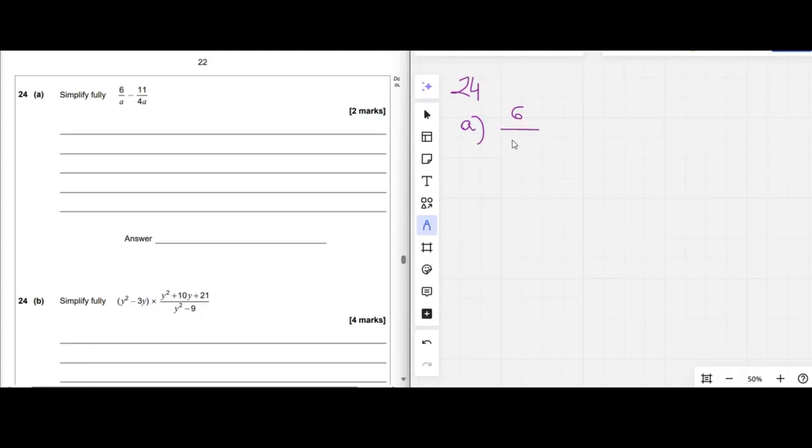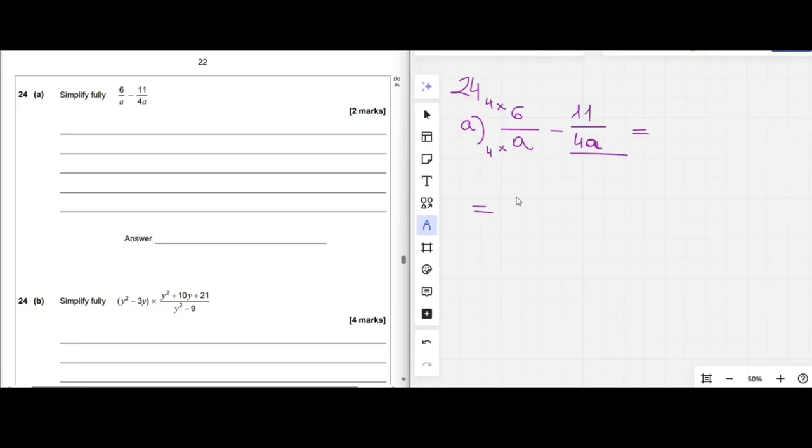Simplify fully. 6 over a minus 11 over 4a. We have deduction. There is no equal between them, so we cannot do the cross multiplication. To deduct fractions, we need a common denominator, being 4a. So let's do times 4 here.